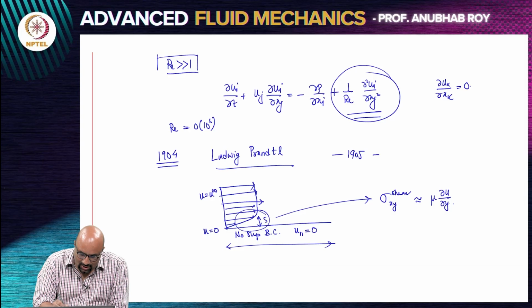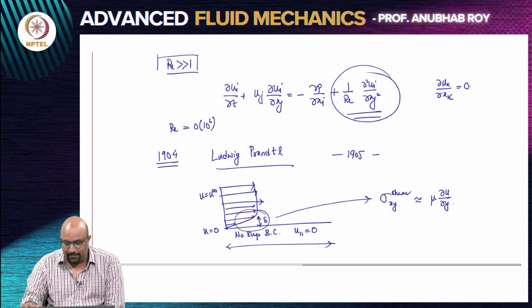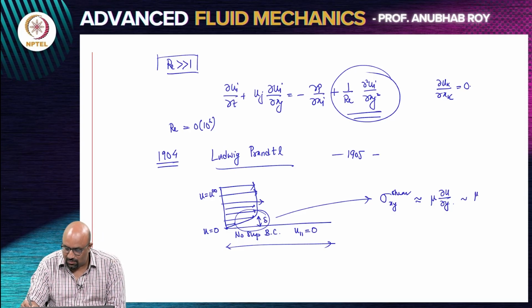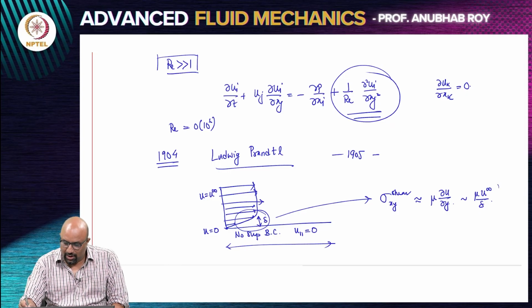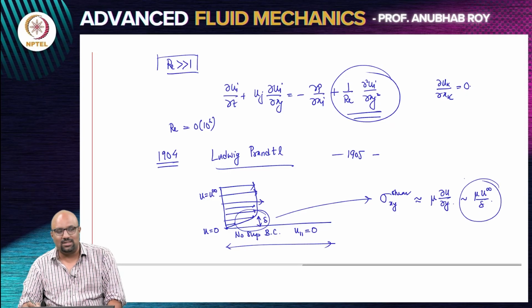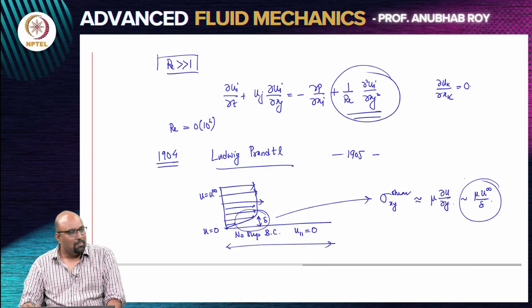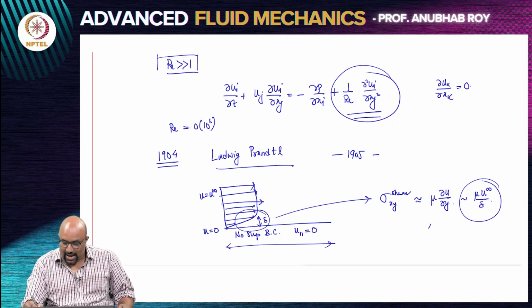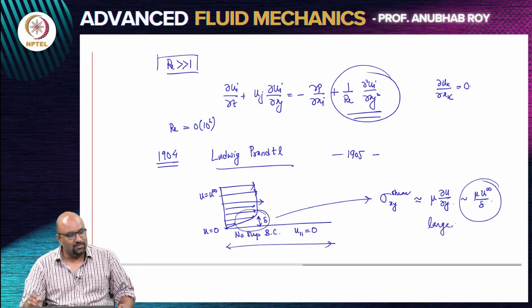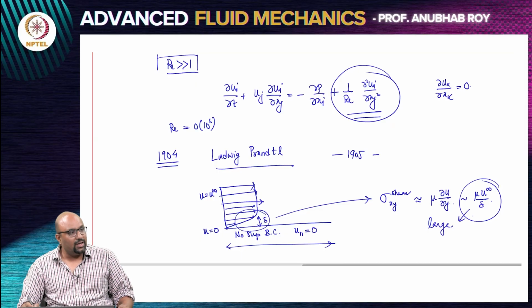And if this transition region scales as delta, then this is mu u infinity by delta. So, Prandtl's viewpoint was that the shear stress generated by the fluid going from the velocity at the wall to the imposed velocity over a thin transition region can be very large. This quantity is not small.